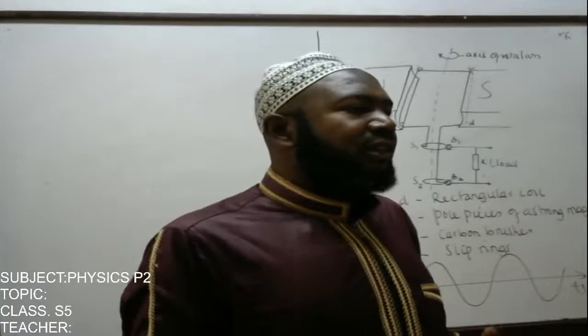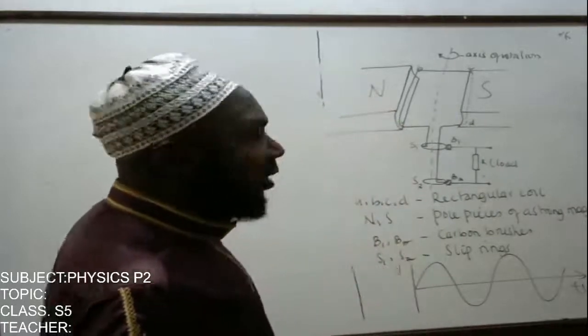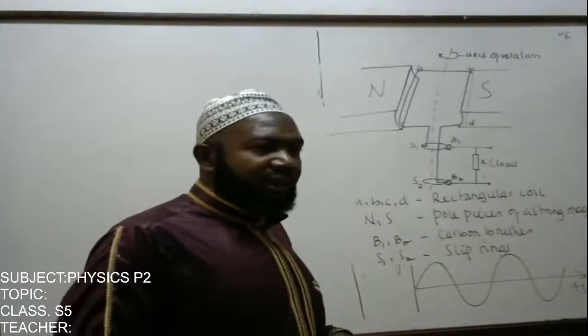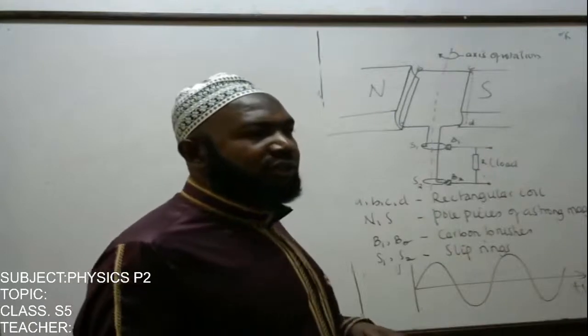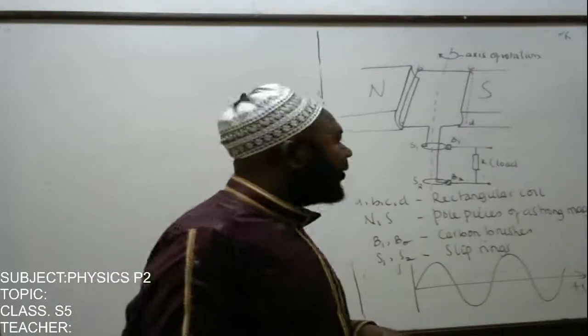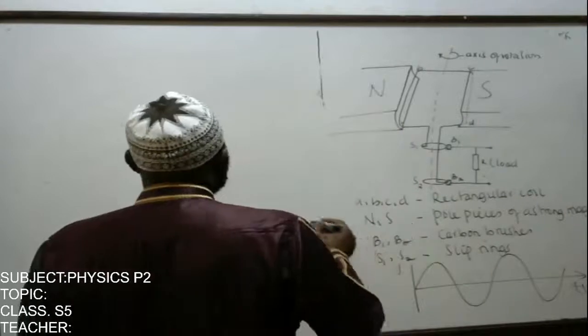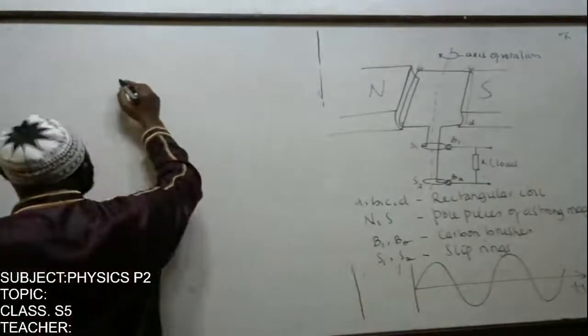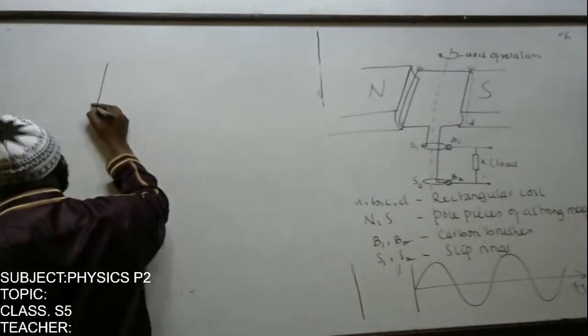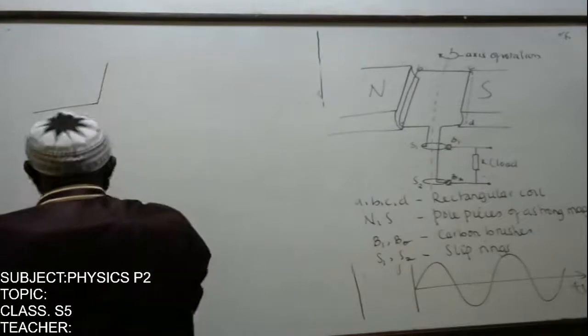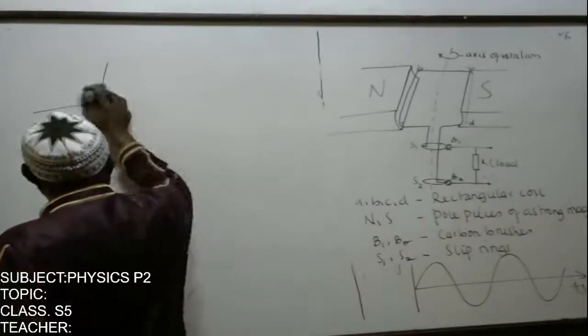Then, a DC generator. They only differ in structure. The essence is to produce current. Now we are going to draw a rectangular coil like this. Sorry, let me make a better diagram.